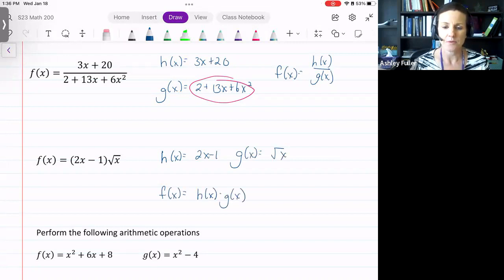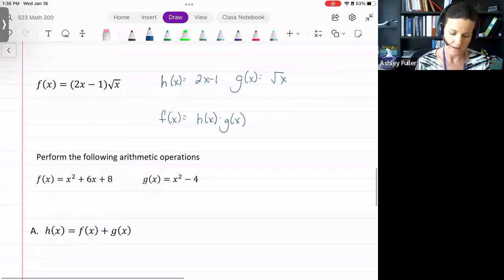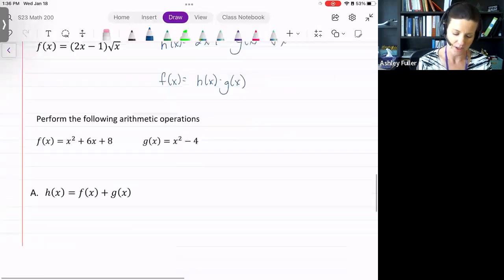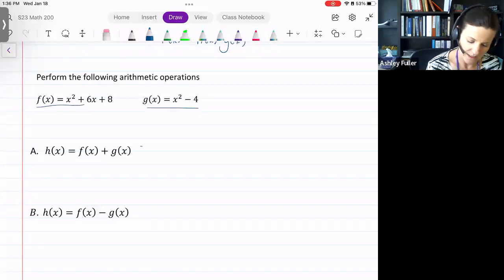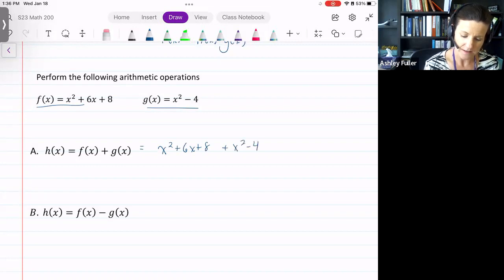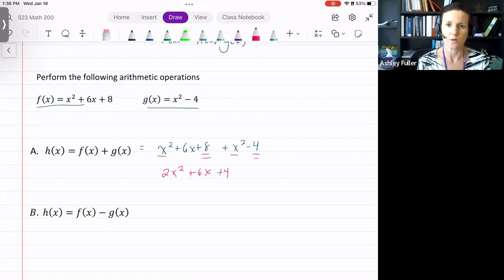Let's do some examples where we actually perform some of these arithmetic expressions and operations. Here I've defined f of x and g of x. So if I want to add them, I'm going to do x squared plus 6x plus 8 plus g of x. I want to look at like terms resulting in 2x squared plus 6x, and then these like terms result in plus 4.